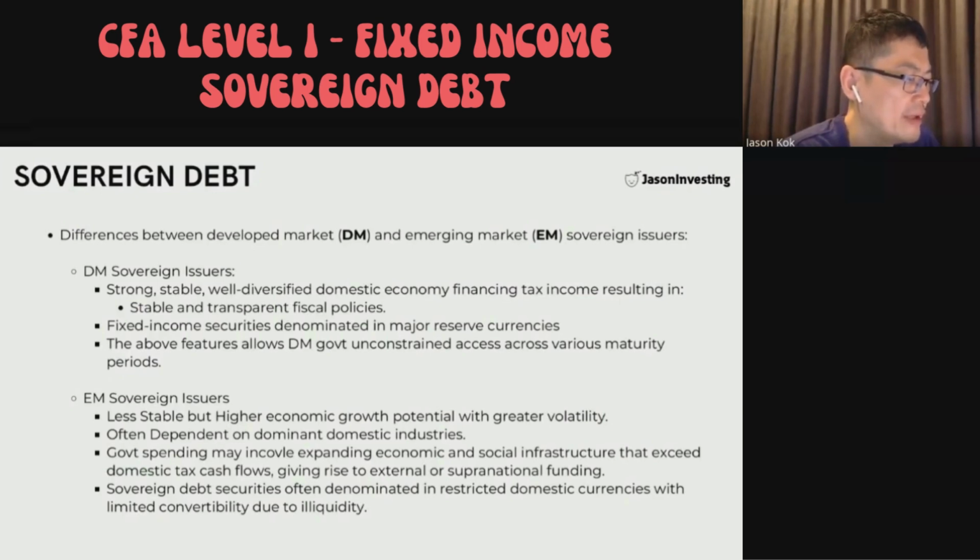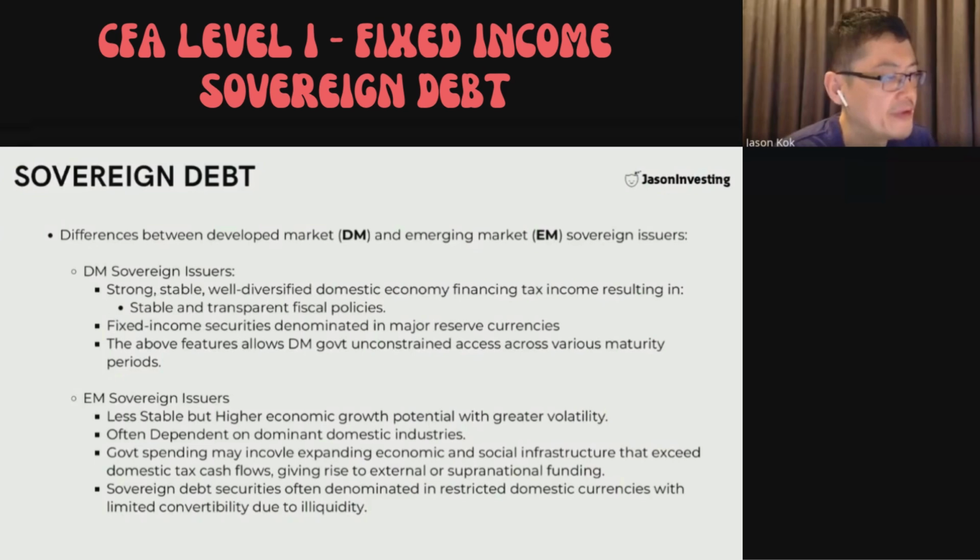Sovereign debt securities are often denominated in restricted domestic currencies. For example, the Chinese yuan is one good example, and it has limited convertibility due to the illiquidity of the conversion.